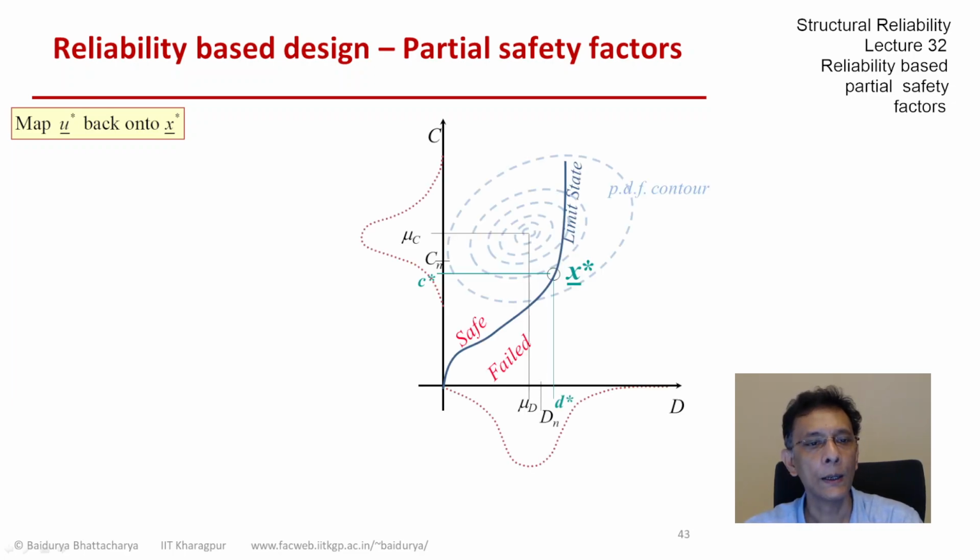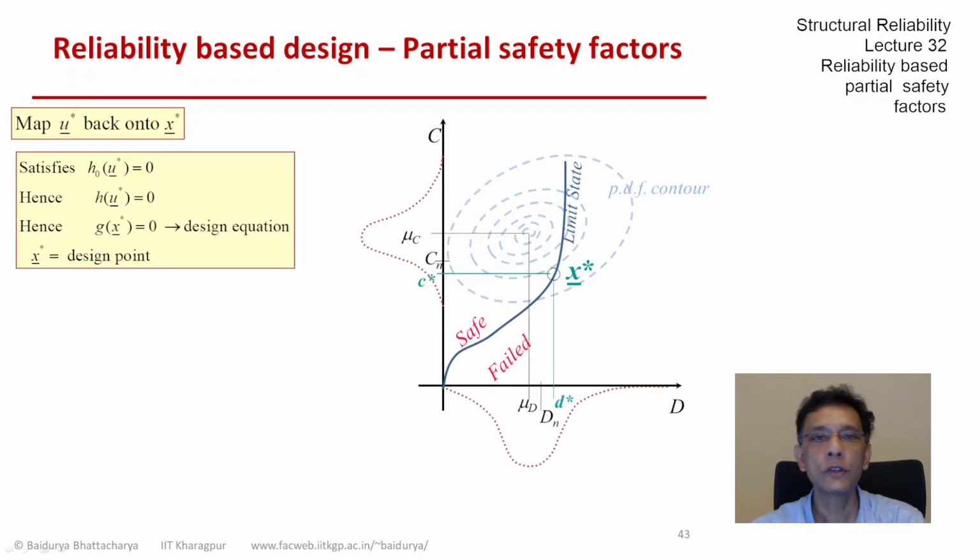So u star satisfies h equals 0, hence it also satisfies g of x star equals 0, and we'll call this the design equation.